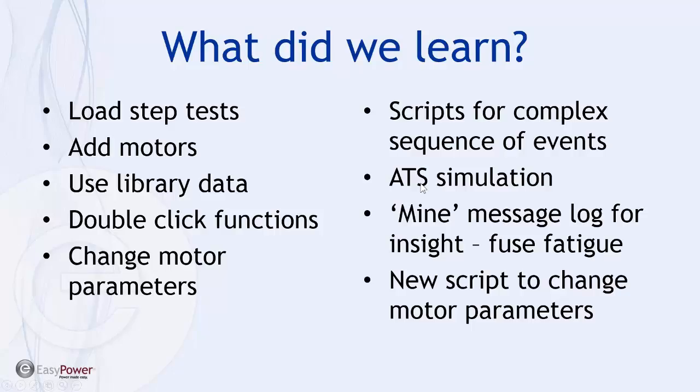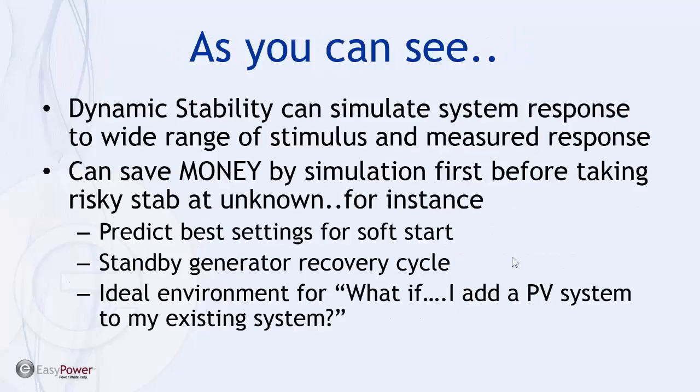We've shown how to simulate an ATS conversion. We've utilized the log file to mine for other data that we didn't necessarily expect and had no other way to measure. And then we've shown how to use new scripts to change parameters as certain events are going on.